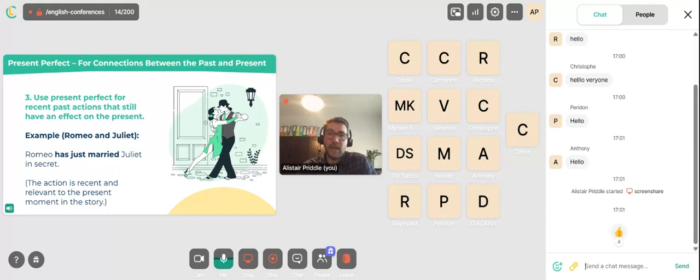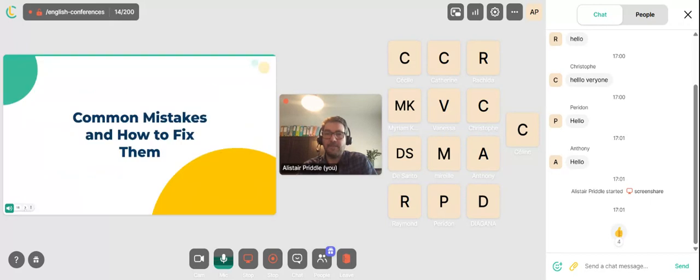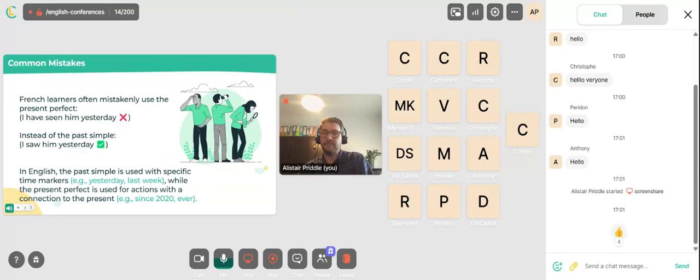Okay, so we've had a look at how we can use the past simple and the present perfect in storytelling. So we're going to think a little bit about the common mistakes that are made and how we can fix them.